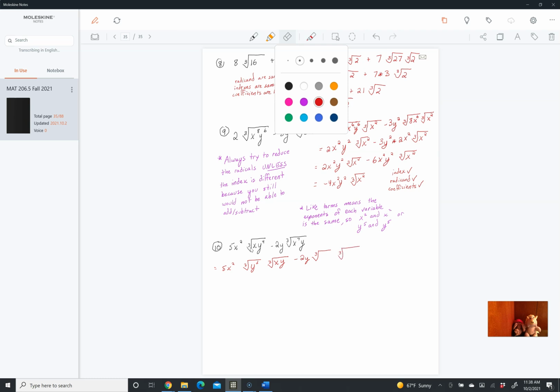So we have x to the 7th. Well, 7 is not divisible by 3, so we go down by 1. 6 is divisible by 3. So we're going to have an x to the 6th under here, and there's one x left over. Okay. Now we have y to the first, and that's the same problem as the x over here. 1, which is the power of y, is less than the index. So the whole thing goes over here.